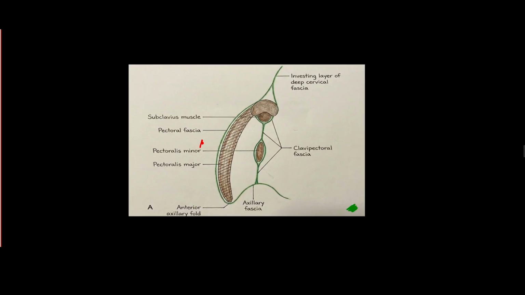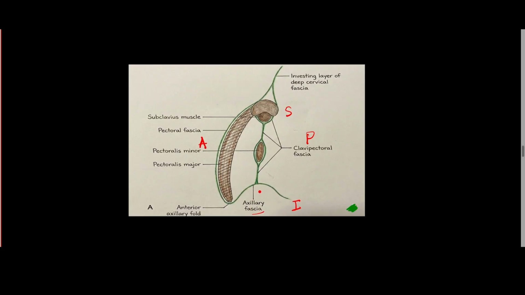So this part is anterior, this is posterior, this is superior, and this is inferior. Okay, so we say that the base of the axilla is formed by skin, superficial fascia, and axillary fascia. Now this is the axillary fascia.